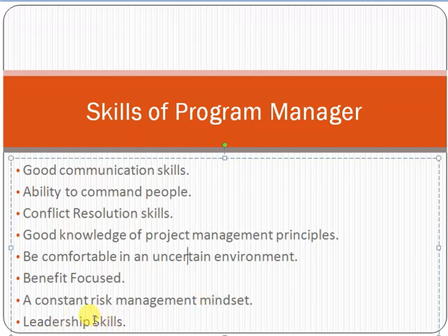He should have a vision of why we are doing these projects, why we are doing these programs, what the objectives are, and what we will achieve after doing these projects and programs. So he should have an understanding and a vision, and people will automatically start following him if he has a good and great vision about the objective.